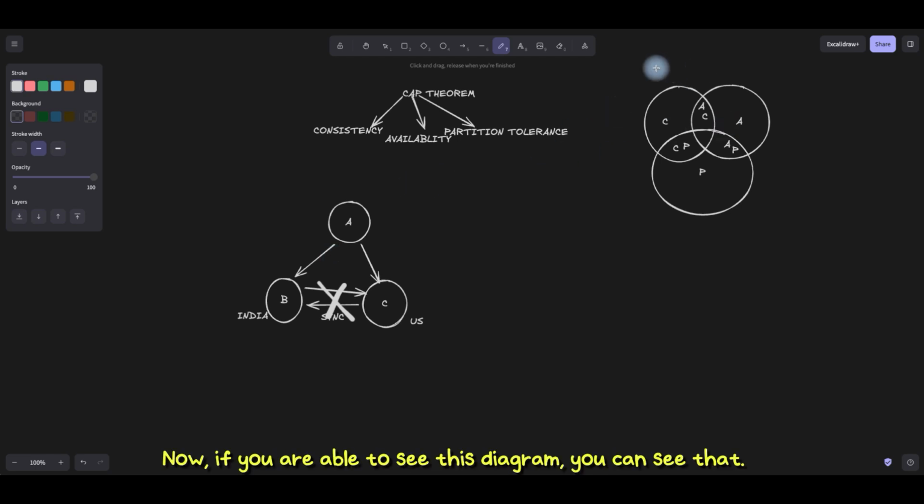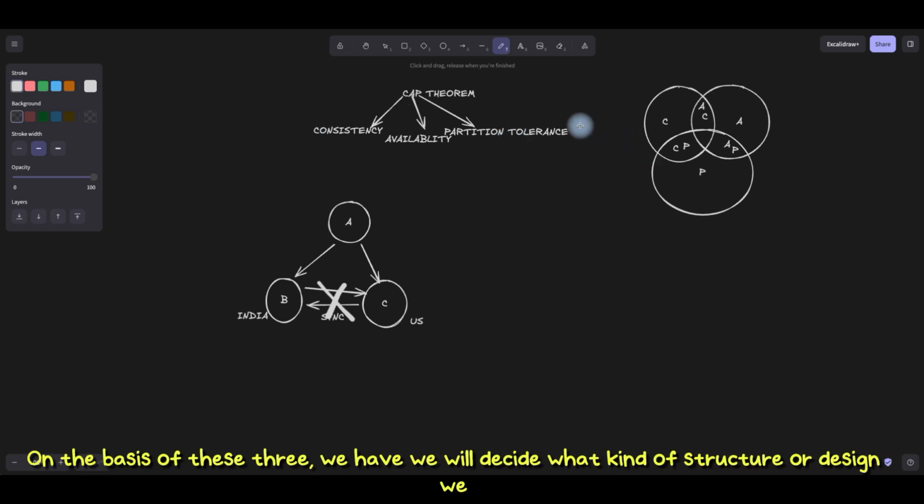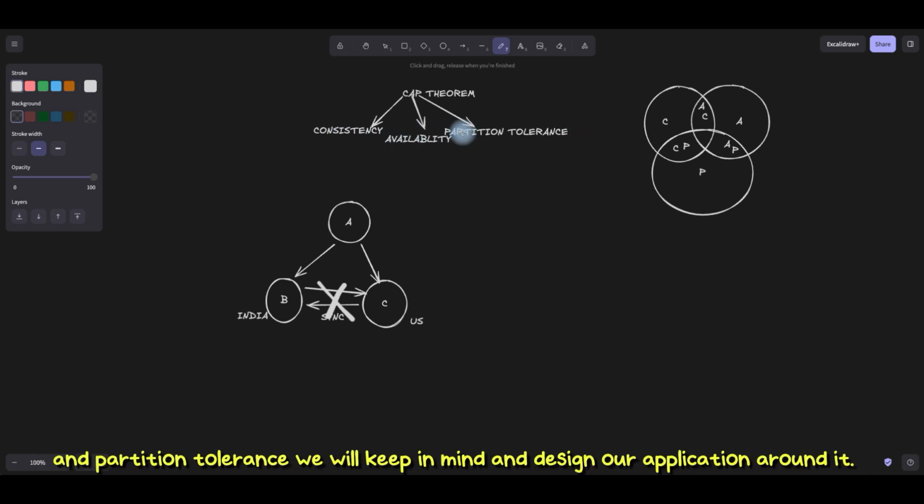Now, if you look at this diagram, you can see that in the CAP theorem we have three pillars: consistency, availability, and partition tolerance. On the basis of these three, we will decide what kind of structure or design we will build. If we are able to tolerate a little bit of inconsistency, then we keep availability and partition tolerance in mind and design our application around them.